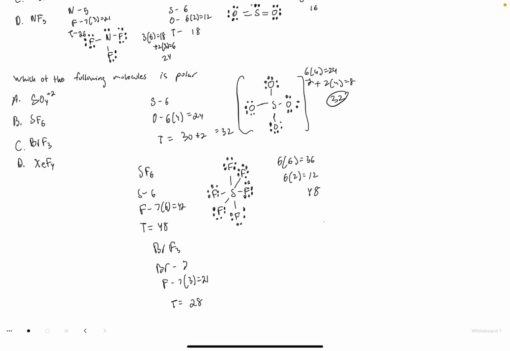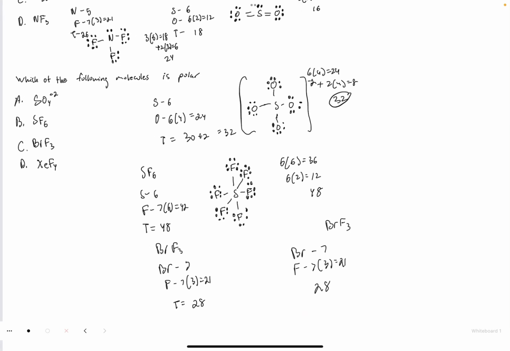Continuing, we have BrF3. And so bromine has 7 valence electrons. Fluorine has 7 valence electrons also. That's 21 valence. You have 28 valence.